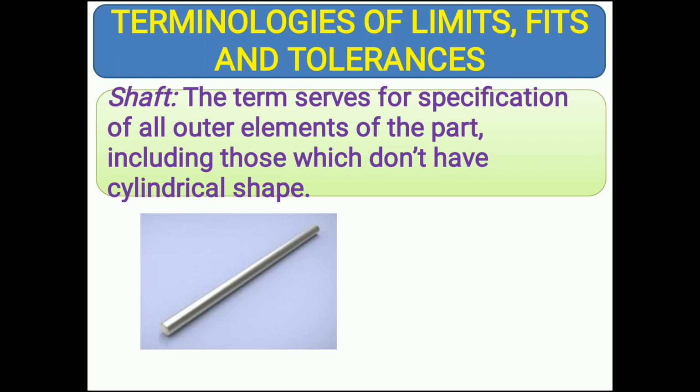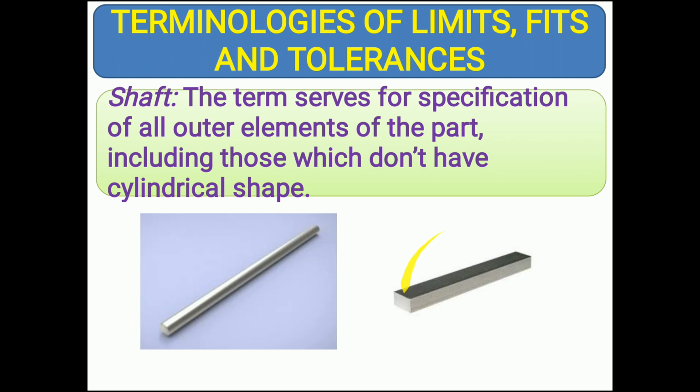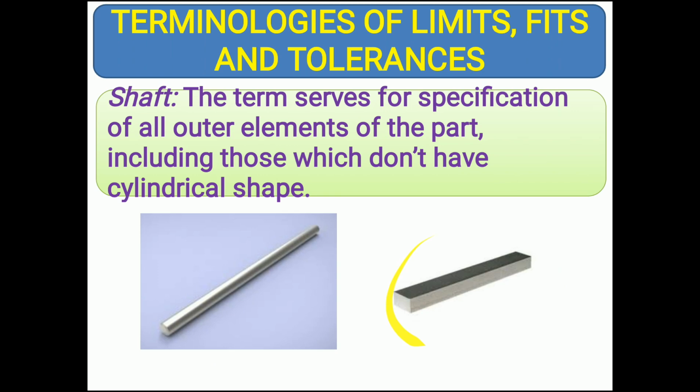You can see here, this is a circular one and this is a rectangular one. So shaft means it can be circular or rectangular. Any outer dimension is called the shaft.